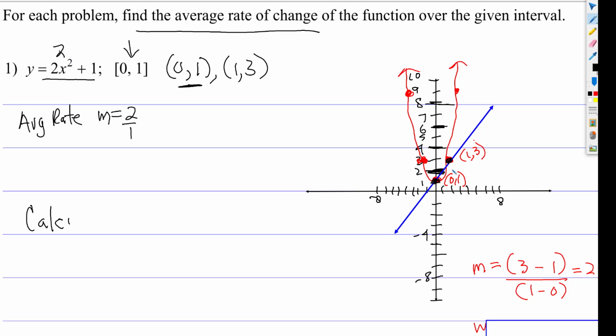In calculus, we move away from average rate, and we concern ourselves with instantaneous rate. Instantaneous rate of change, by the way, will be the slope of the tangent line.